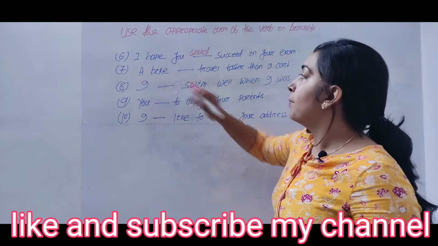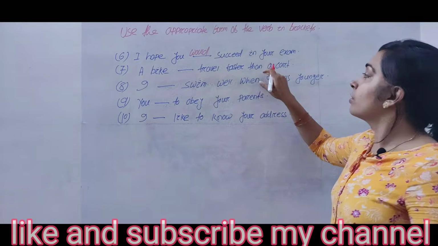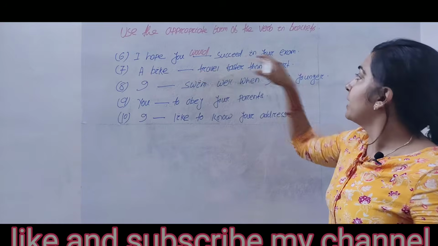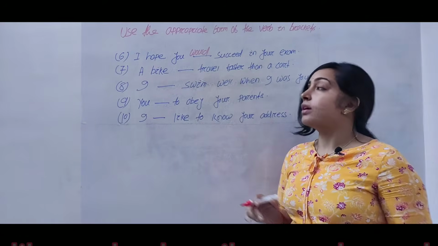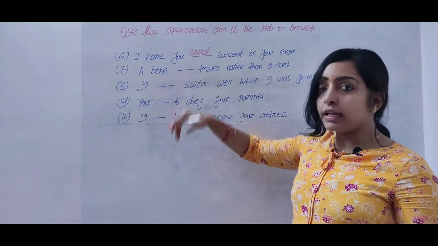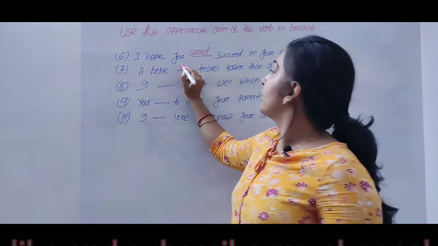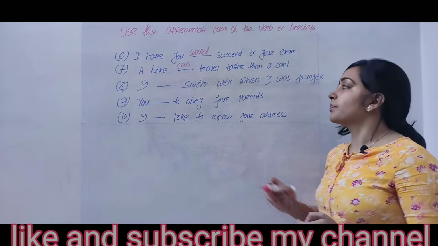Next sentence, a bike does travel faster than a cart. Here is a comparison between bike and cart. That means we have to know the ability. If ability is there, then the modal can comes. So a bike can travel faster than a cart.